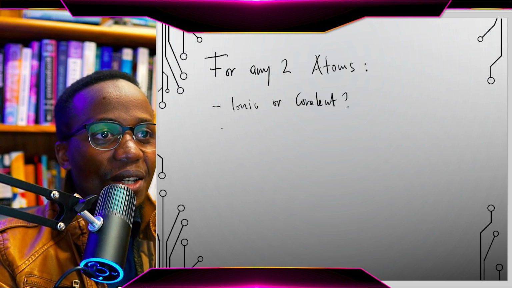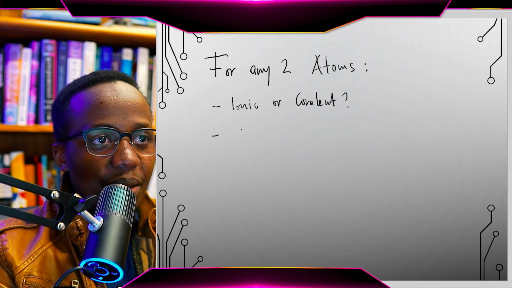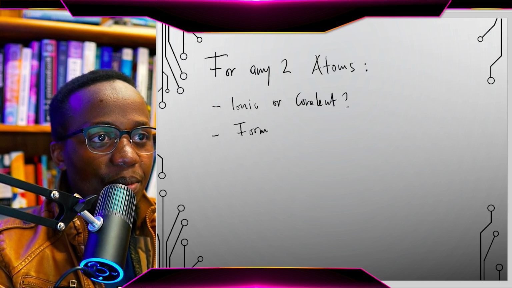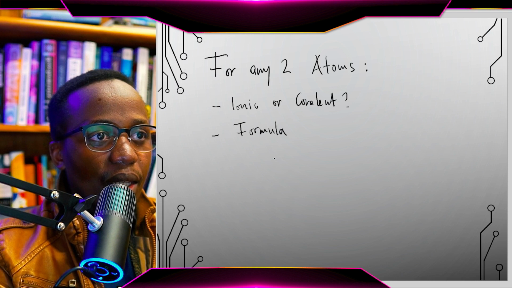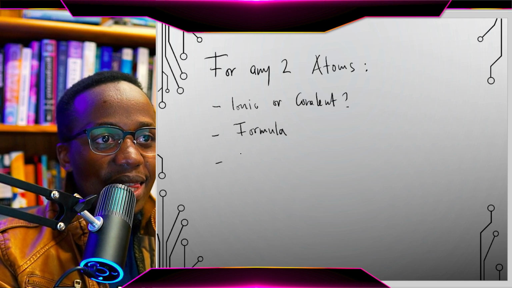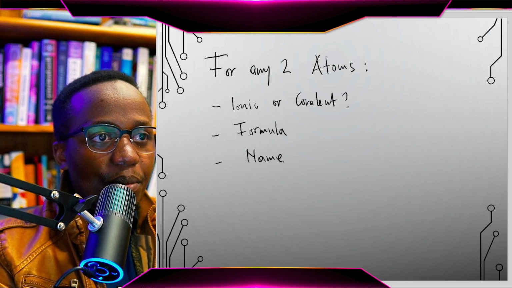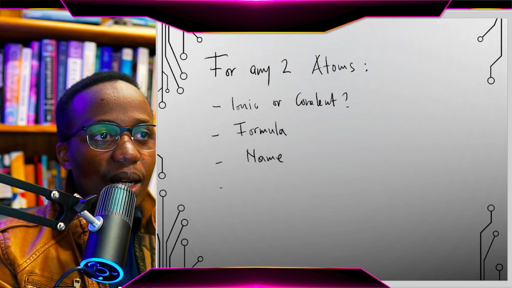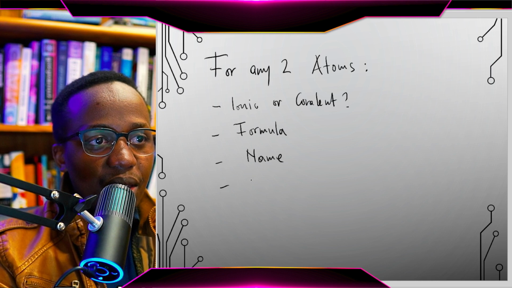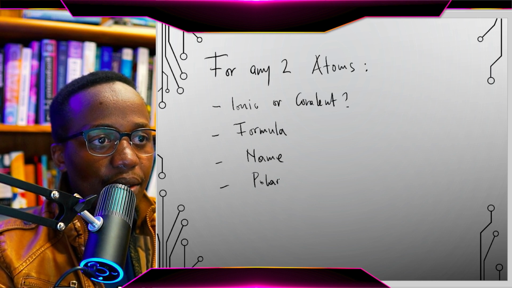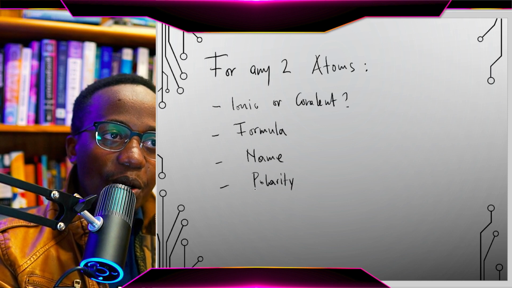You gotta be able to tell me the formula between them. You gotta be able to tell me the name between them, and then you gotta be able to tell me if there is polarity. And we talked about this another day, all right?